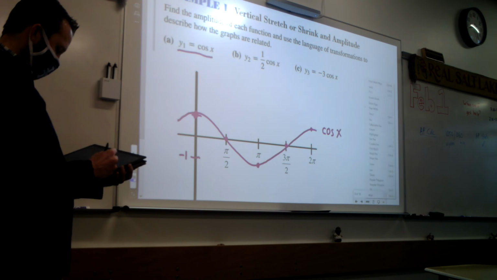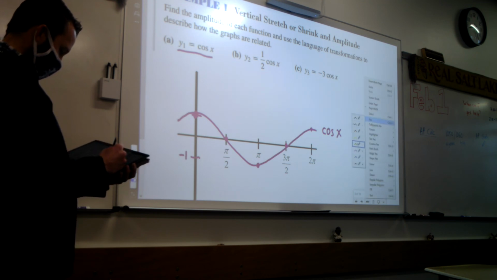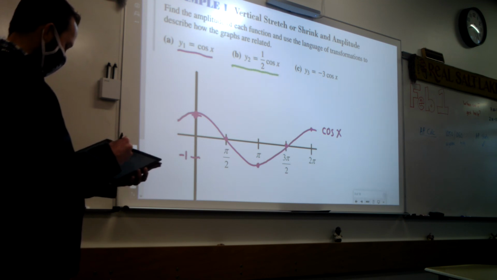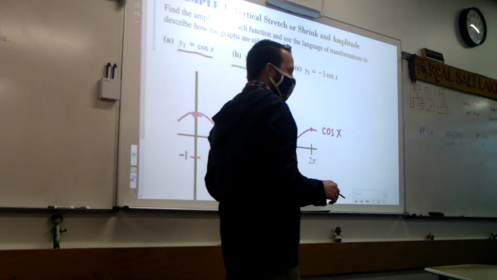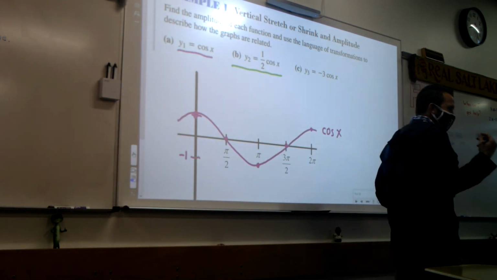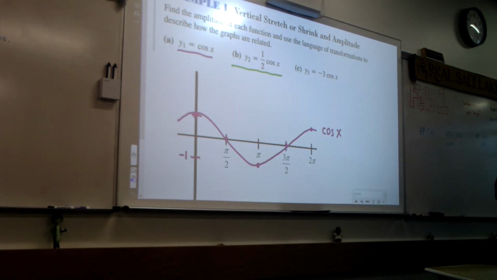Now, what happens if we multiply cosine by 1/2? How's that going to be different? Peyton, what do you think? Awesome. So now it's going to still start at its max, but now it's only 1/2, and the minimum is only negative 1/2.